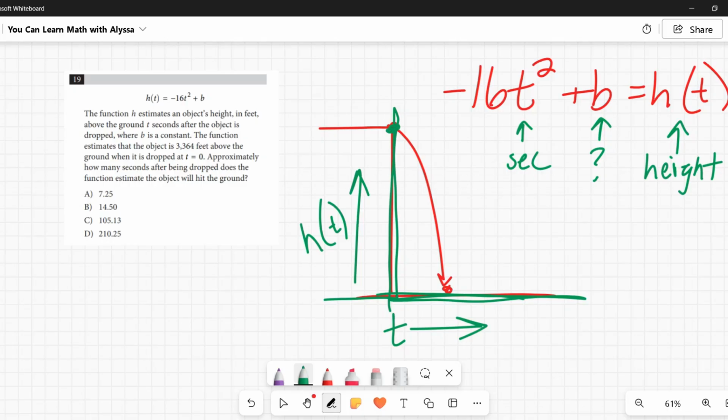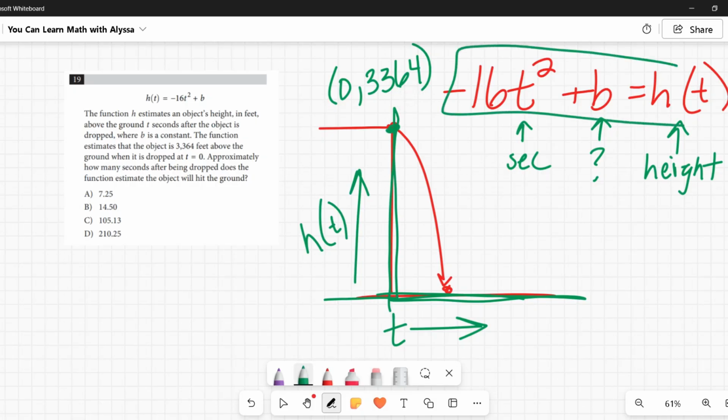So at this point, when t is 0, h of t is 3,364 feet. That tells me this right here is representing, if you have negative 16t squared, t squared is just a parabola.